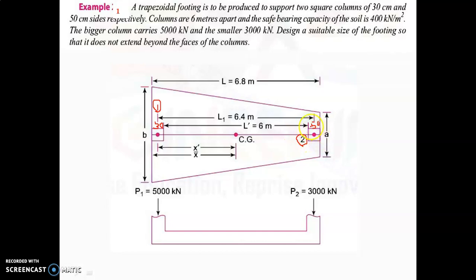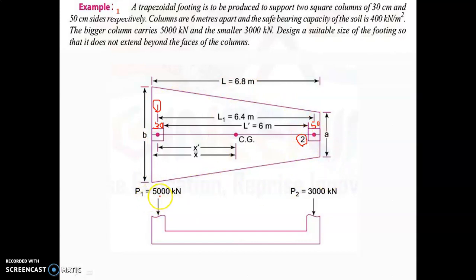Now you have to consider the full size of the square, that is 50 centimeter, so 0.5 meter. This is 30 centimeter, 0.3 meter. So 6 plus 0.3 plus 0.5, 6.8. So first you have to put the dimensions properly.